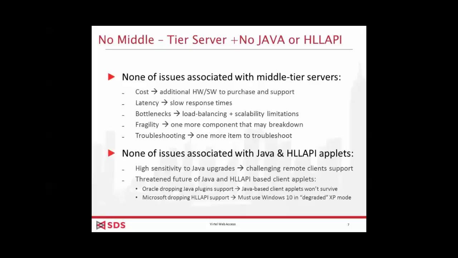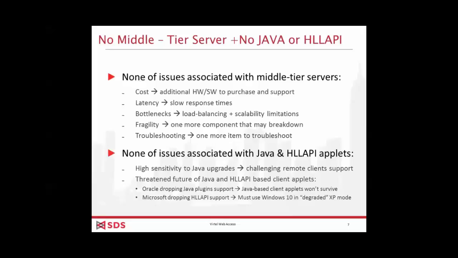Under pressure from end users, they eventually had to extend the support to Windows 8 and Windows 10, but the support is only available in degraded XP mode, a mode in which new Windows 10 functionalities such as new touchscreen functionalities are not available.